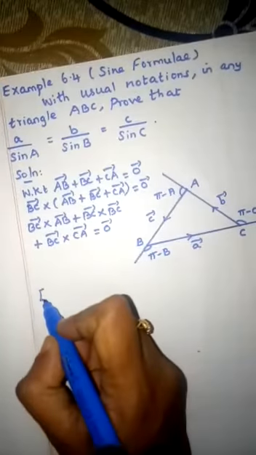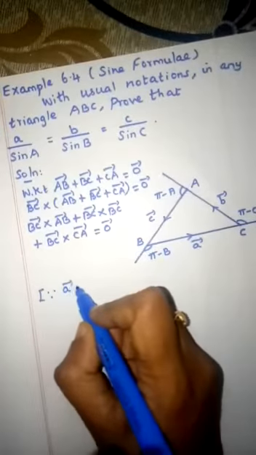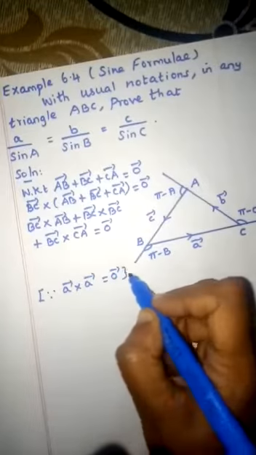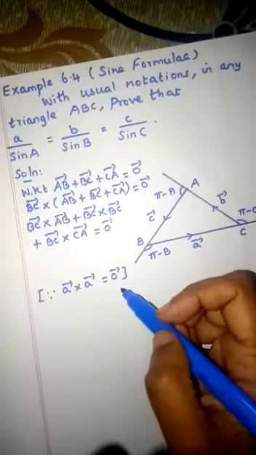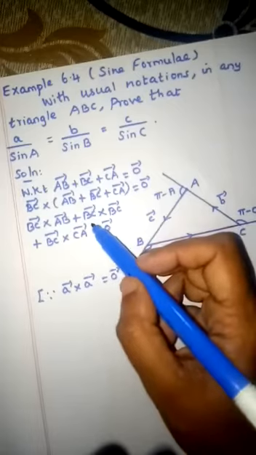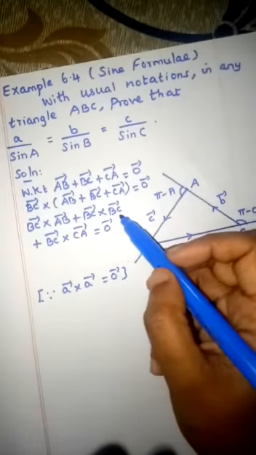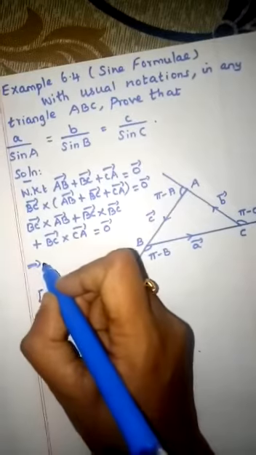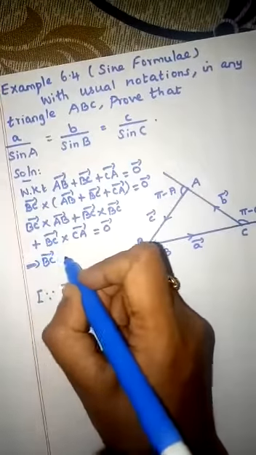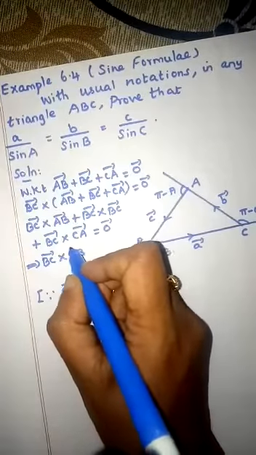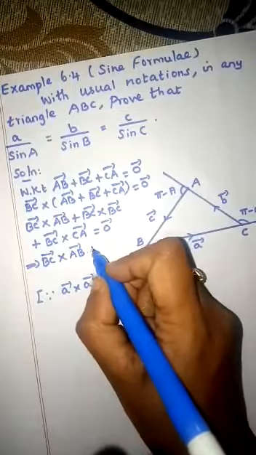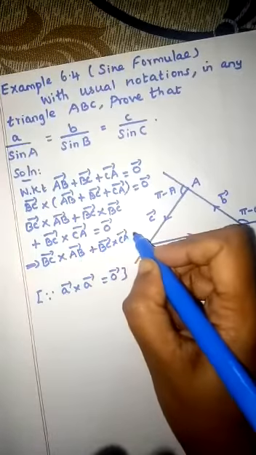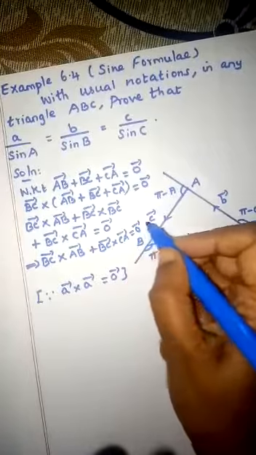We have a formula, that is a vector cross a vector is equal to 0 vector. So here BC vector cross BC vector, it will become 0 vector. So that you can remove, which implies BC vector cross AB vector plus BC vector cross CA vector is equal to 0 vector.